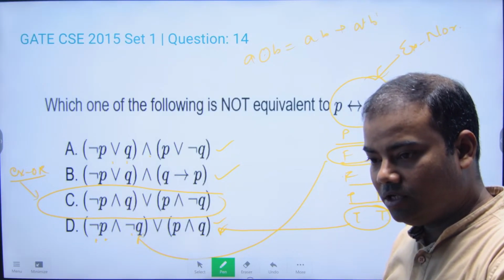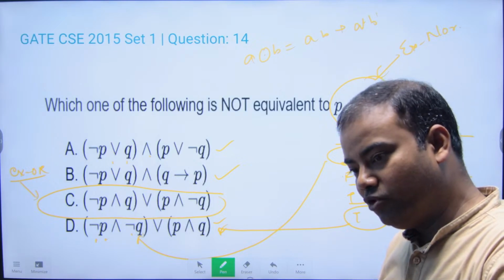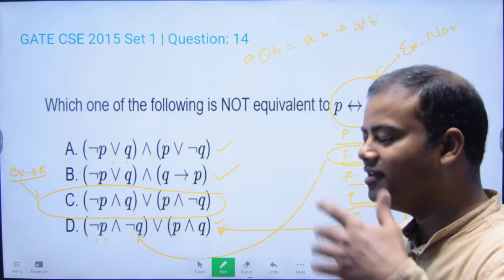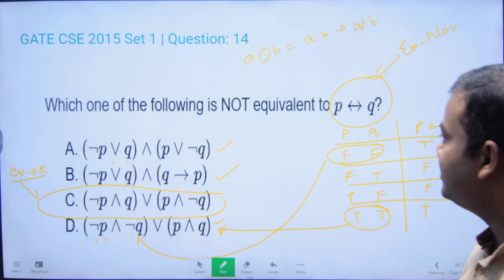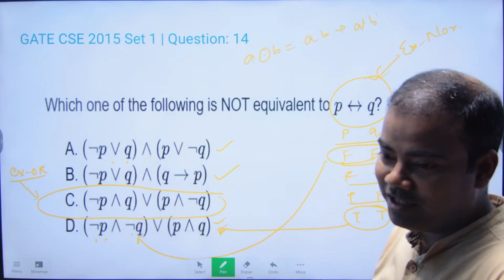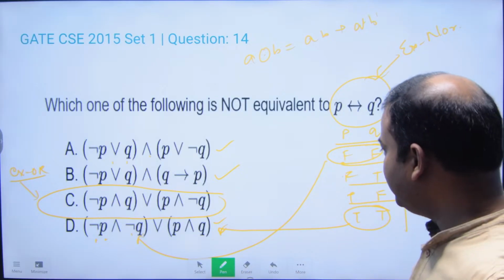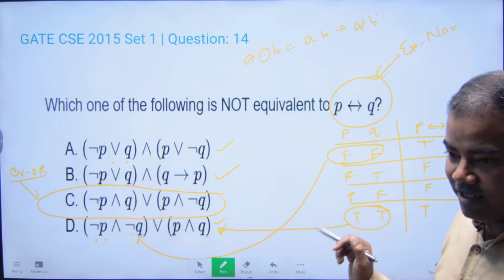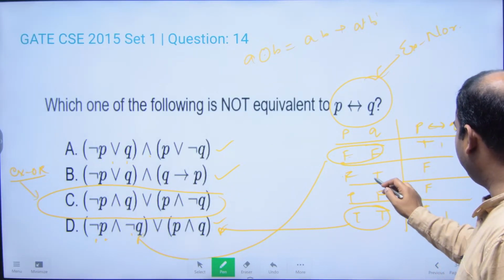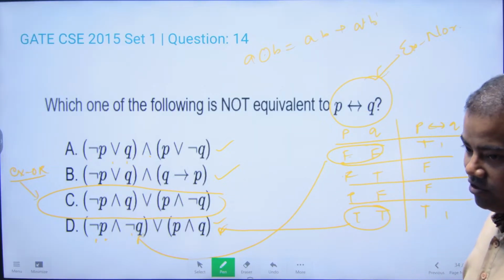The truth table: if both are 0, then also it is 1, if both are 1 then also it is 1, but if both are different then it is 0. So that is the thing. Here also, if both are same it is 1, if both are different it is 0. So that's why this is XNOR.